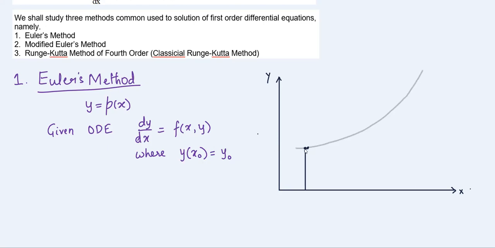This is x equal to 0, and this point, let us call it P. Now, P is x naught comma y naught. This is what is given to us.